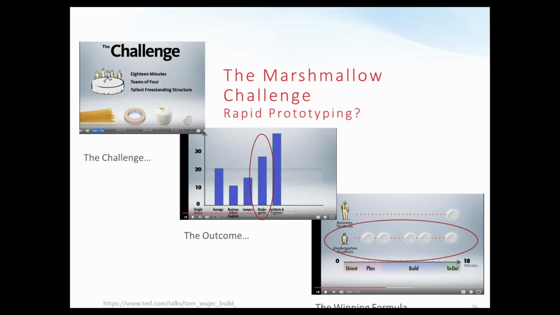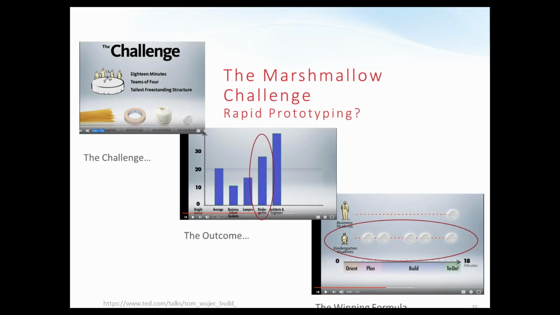But you look at the approach in this bottom right slide, the winning formula, we can contrast the business students with kindergarten students, and we can see that their success was really rooted in how they went about building the structure.